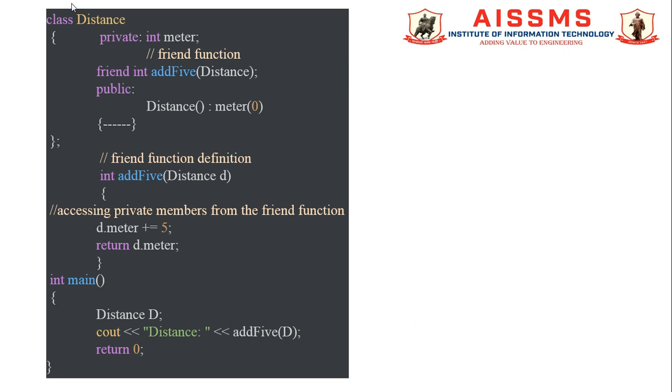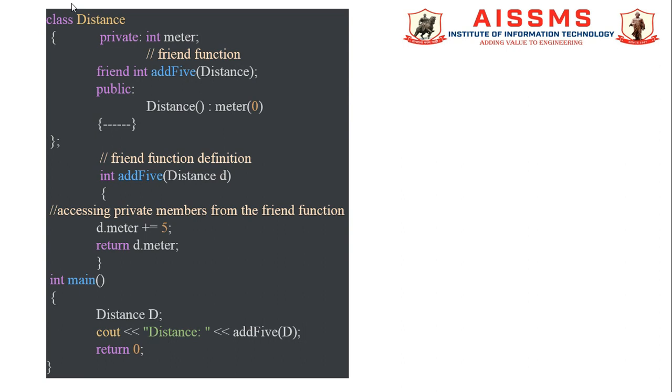The friend function can access the private members of a class if it is a friend of that class. The friend function is not a member function, so it may be declared in any access mode. The keyword friend informs the compiler that it is not a member function, but a special function which is a friend of that particular class.